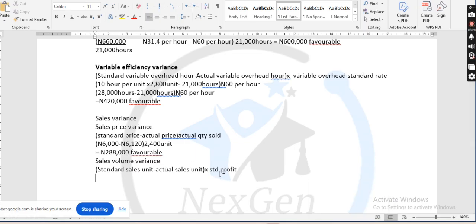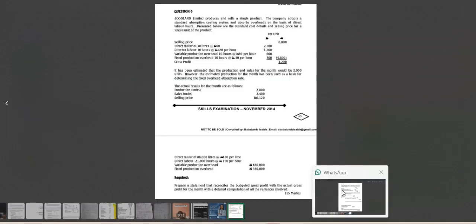Now, what is the standard sales unit? 2,000 units, because the projected production is the same as the sales unit.